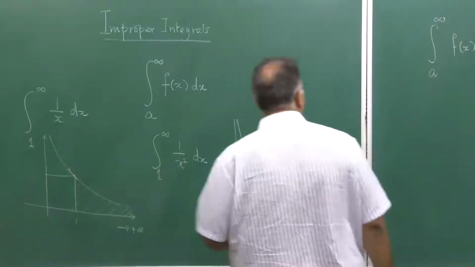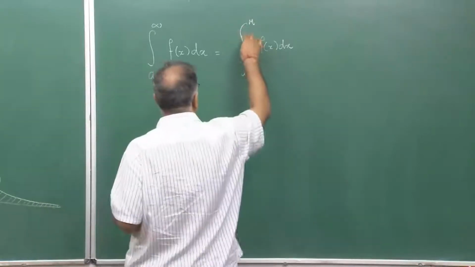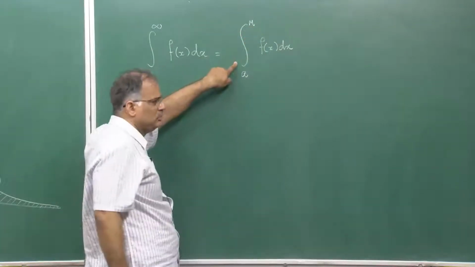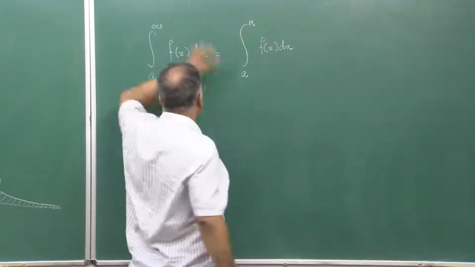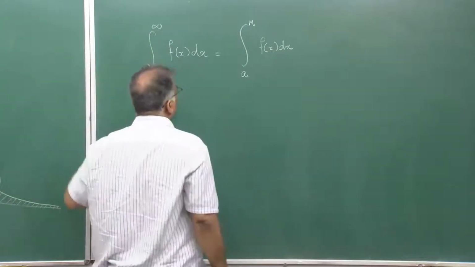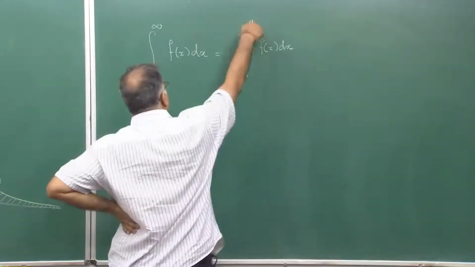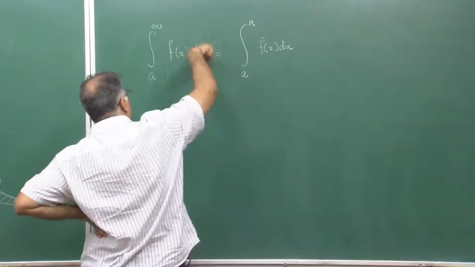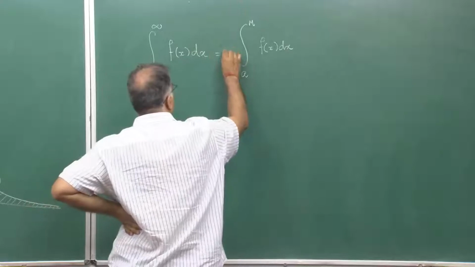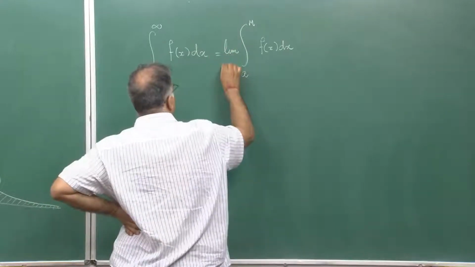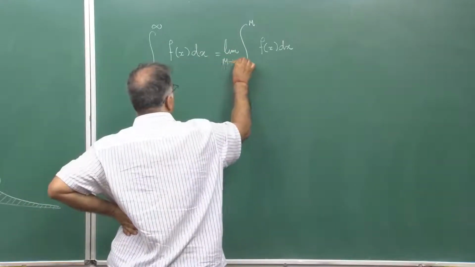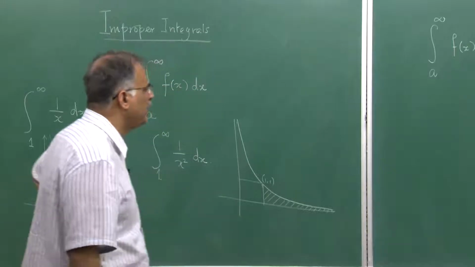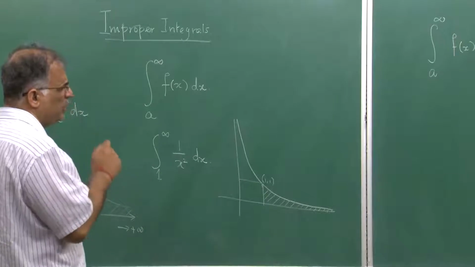The more I increase the value of m, this integral is not equal to the improper integral, because here I have a finite area, while the other might or might not have a finite area. As I keep on making m bigger, I come nearer and nearer to the value of the integral, if there is some value. So, we define this integral as the limit as m tends to infinity of the integral from a to m of f(x) dx.